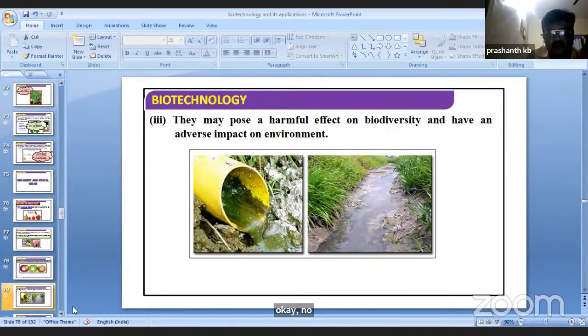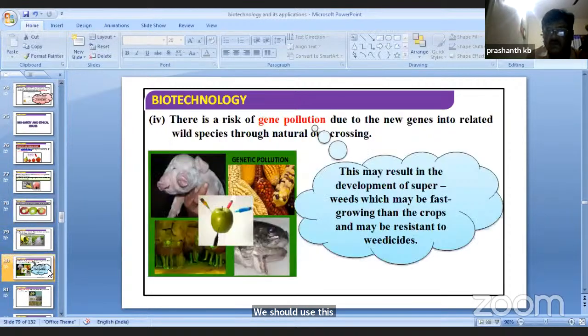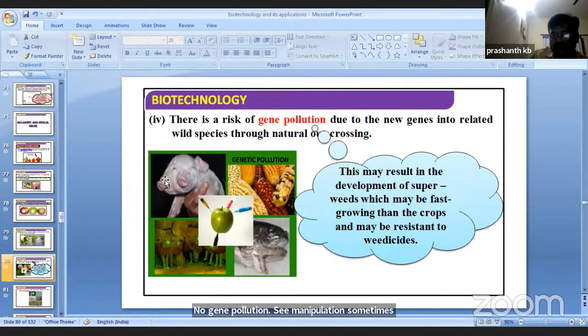Let us go to the next slide. Now, gene pollution. See, sometimes manipulated varieties. Can you see this genetically modified, fluorescent pig? Magnify this slide, it is totally different.